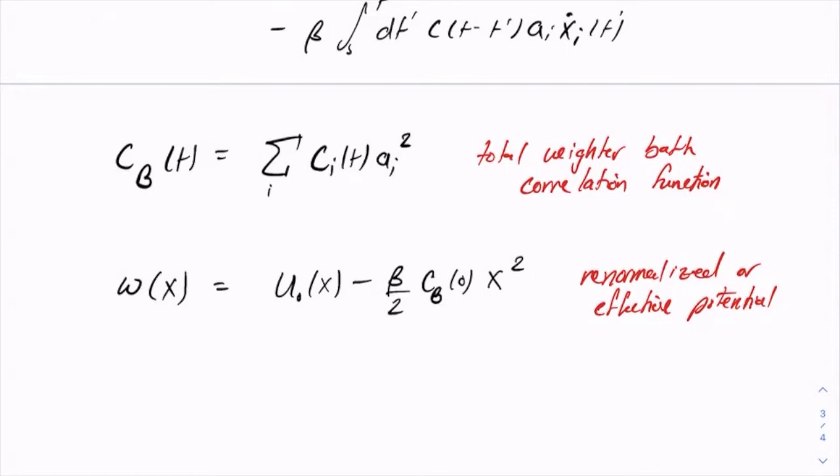So this is essentially a manifestation of a potential of mean force that would tell me how this solute interacts with other solute molecules or with other objects that I haven't integrated out, as mediated through these bath degrees of freedom that I have gotten rid of.